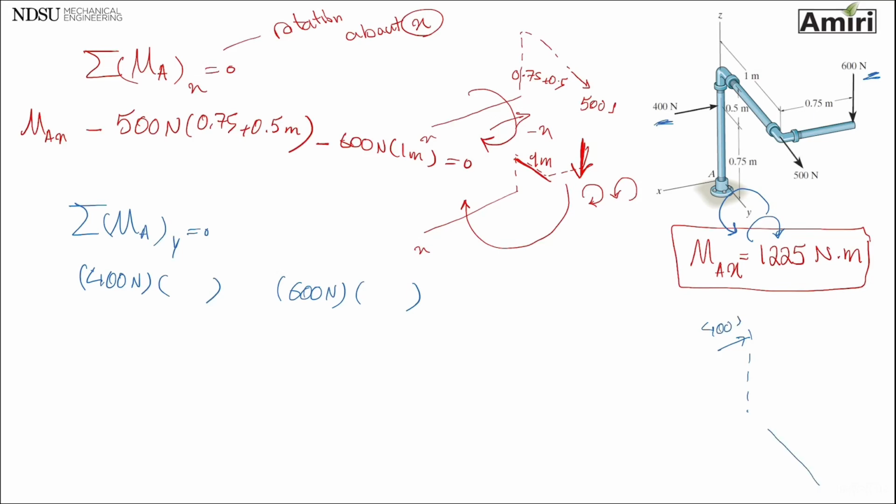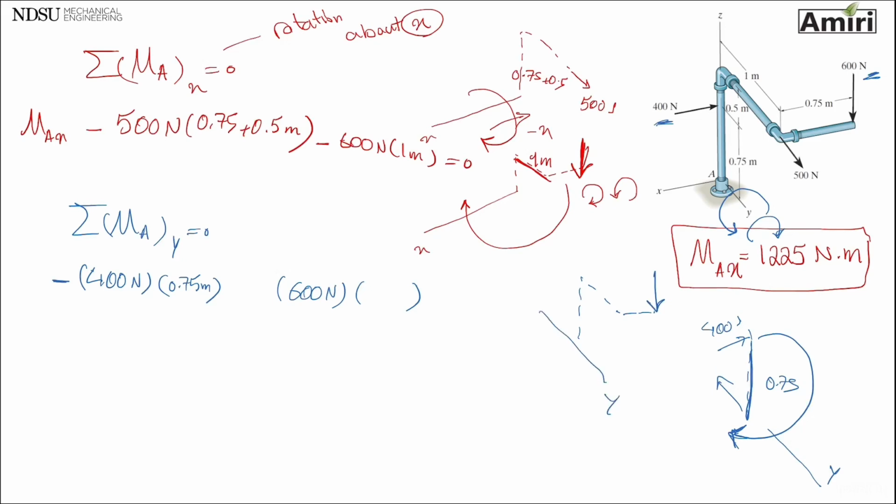So let's see. 400 newtons. This is my axis Y. It's trying to rotate this whole thing about axis Y, and this is the distance it has from axis Y, which is 0.75 meters. If I use the right hand rule, fingers curl with this direction, it's pointing towards minus Y axis. My thumb is pointing that way. 600 is located there.